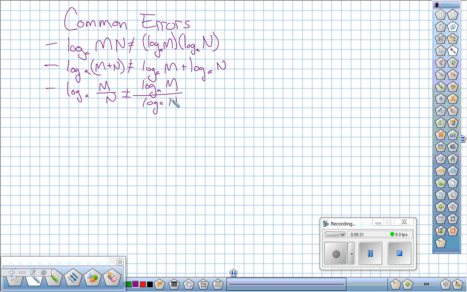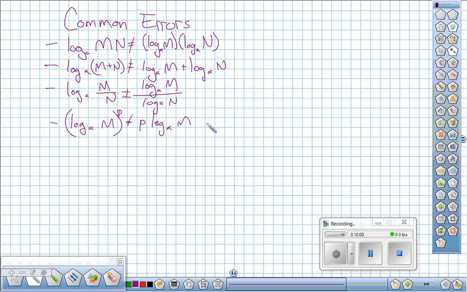This thing right here is called our change of base formula. This over here is not our change of base formula, so they're not equal. And then I have log a m all to the p is not equal to p log a m. So you just have to remember some things that look so similar to each other.